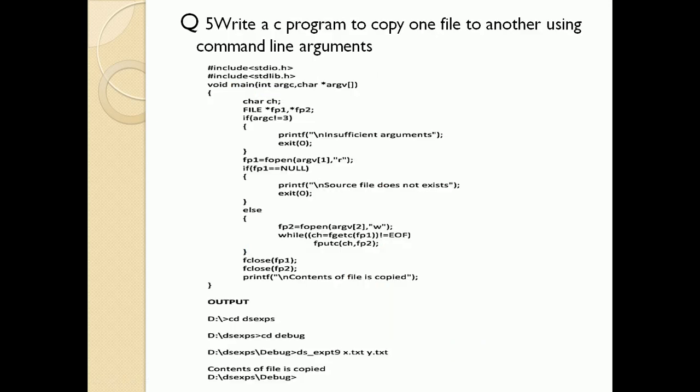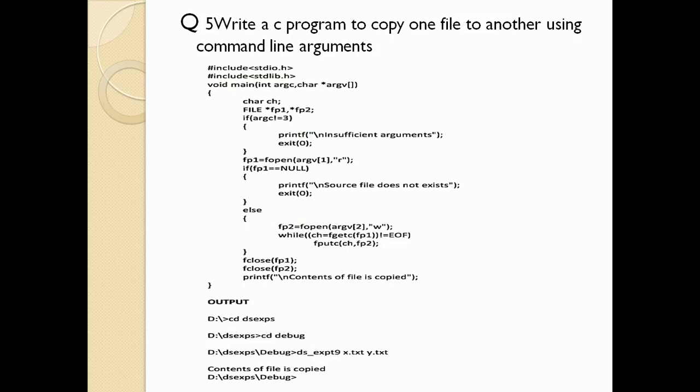So let's see the next question, that is, write a C program to copy one file to another using command line arguments. Here I have taken two header files, that is, #include stdio.h and the second one is #include stdlib.h. stdlib.h is the standard library header.